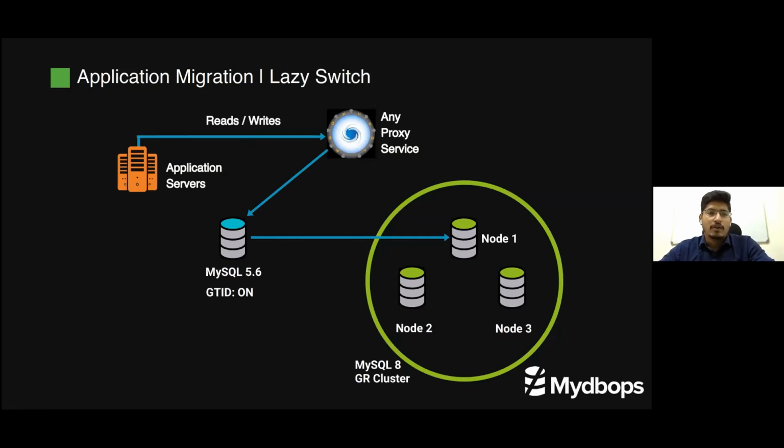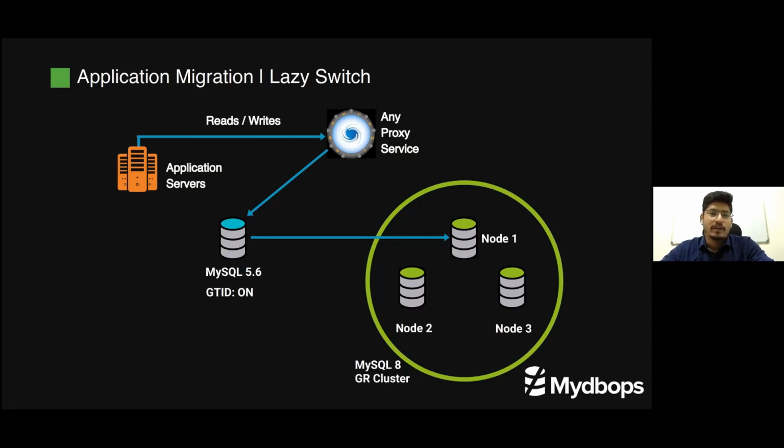Now I can lazily switch my application traffic through the proxy service at my leisure, like taking a week or 10 days. I can slowly switch all my traffic through ProxySQL, because whether you connect directly to the 5.6 or through the proxy, it's going to be the same. So you can take your own time to switch all your application traffic via the proxy service.